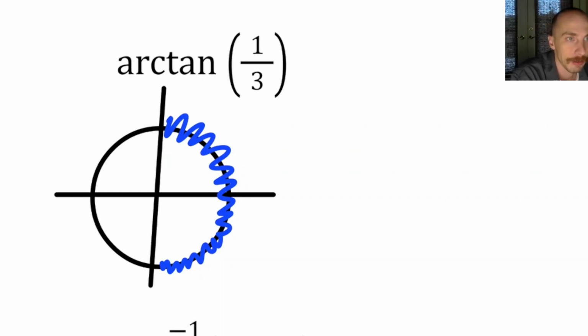If tangent is positive, that means x has got to be positive, and y needs to be positive as well. So arctangent could equal 1/3, somewhere here, because opposite over adjacent needs to be the 3 and the opposite needs to be 1. So it'd look about like that. This is looking like quadrant 1 to me.